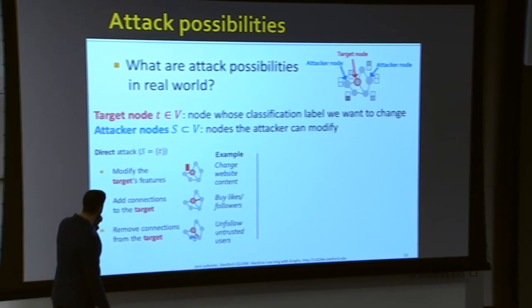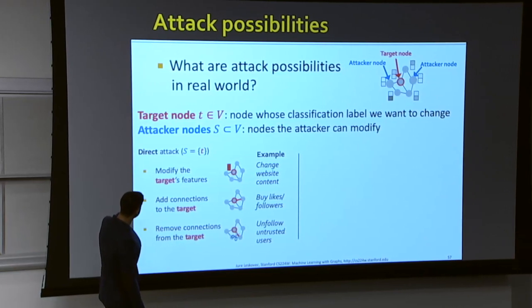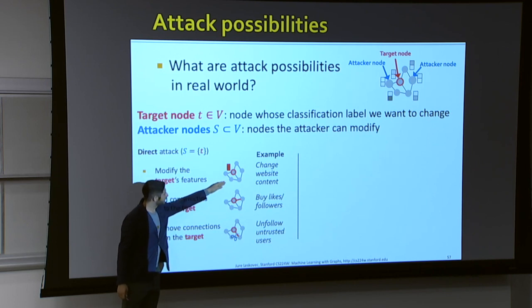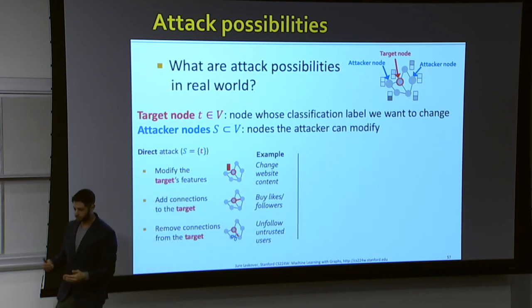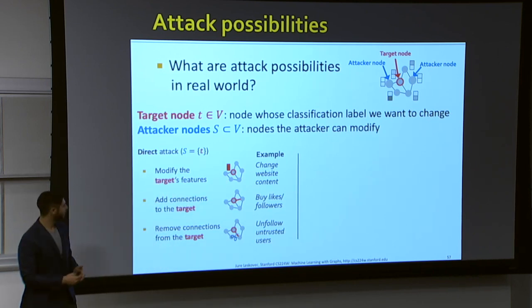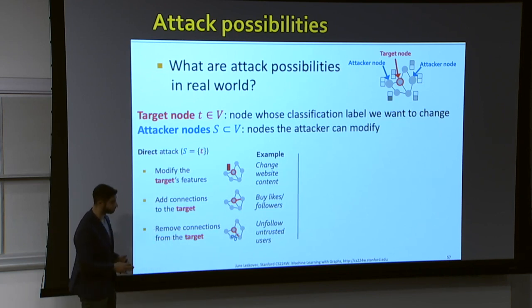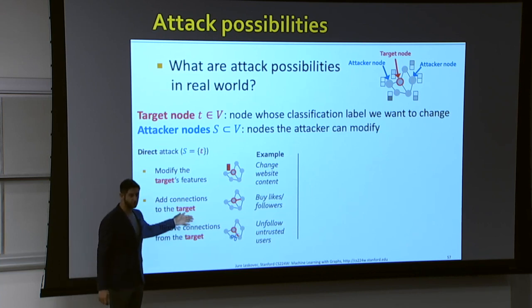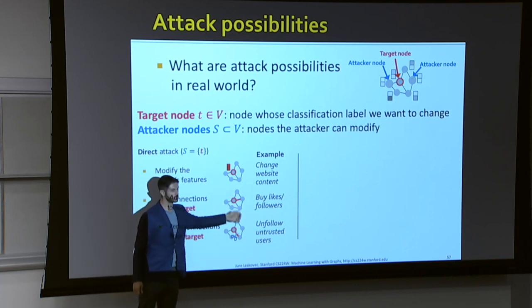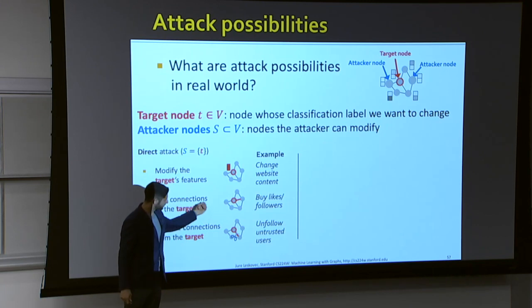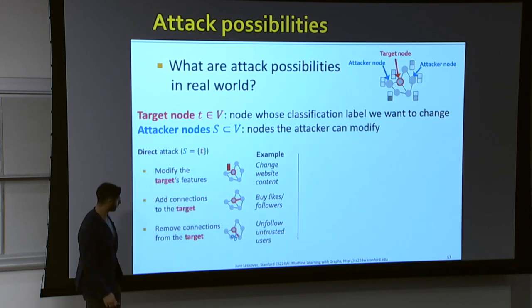Some of the direct attacks that we can do, for instance, are modifying the target's features. Say our fake news account is about to be banned, then we can try to change the content that we post to avoid the Twitter spam filters. We can also add connections to the target. This is very common in social media, where we can buy likes or followers from spam farms and get many more followers to our bot account.